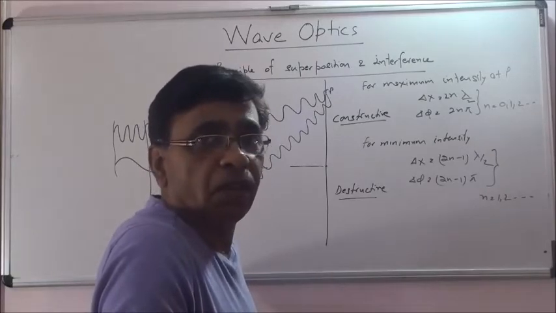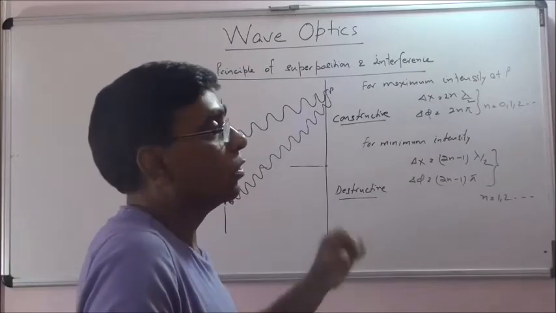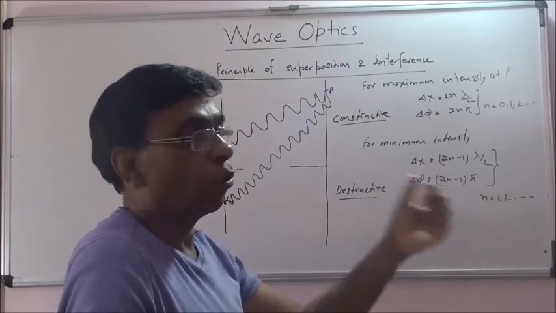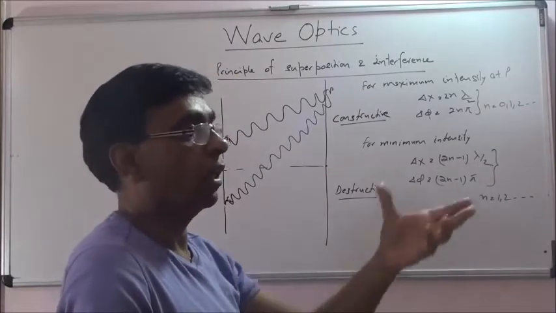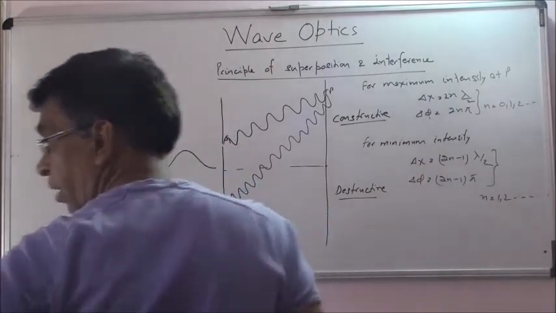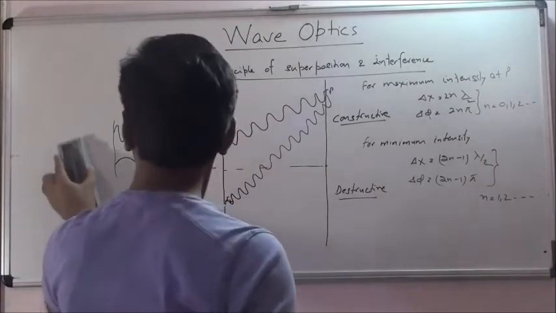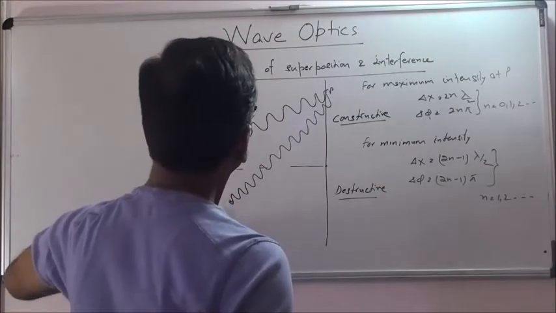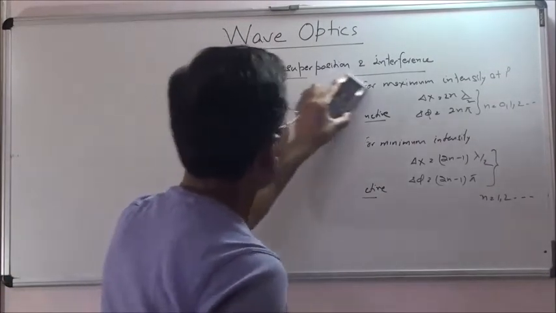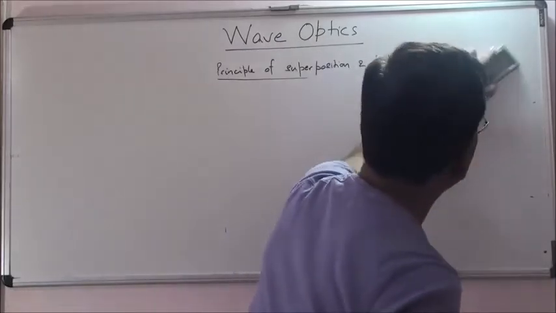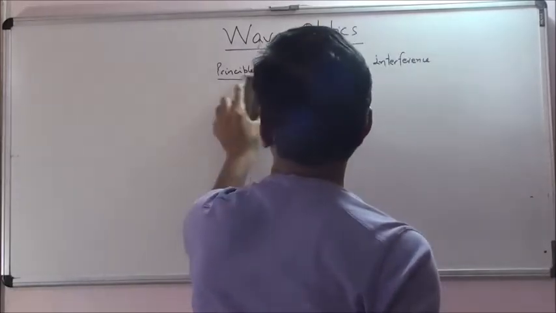Even if we have the same wavelength somehow, suppose we take a sodium lamp and then divide its light into two. What we need to do is, how do we get light from any light source?